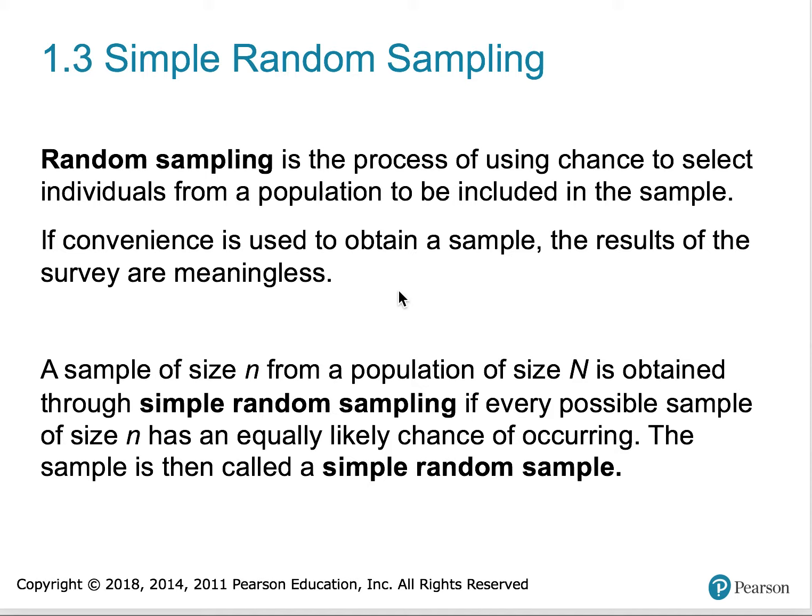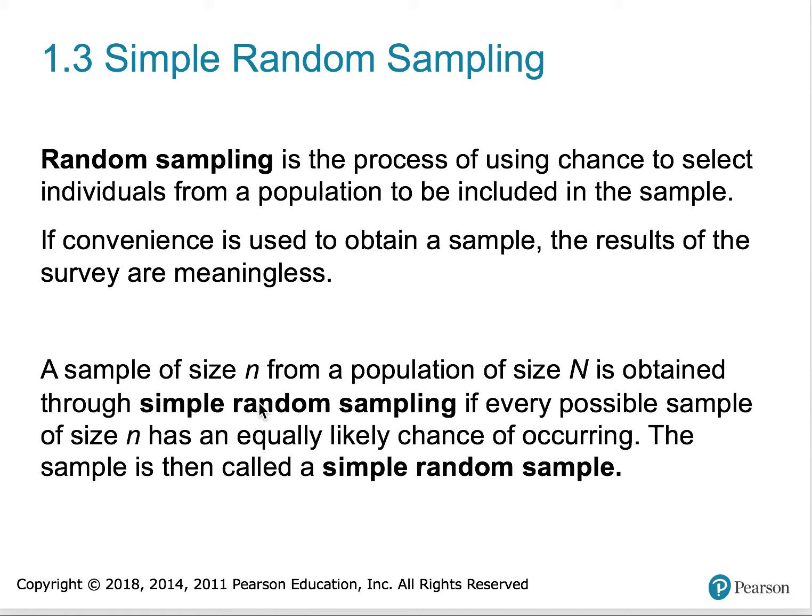So, we're going to eventually discuss 4 basic sampling techniques: simple random sampling, stratified sampling, systematic sampling, and cluster sampling. But right now, we're just going to focus on simple random sampling.